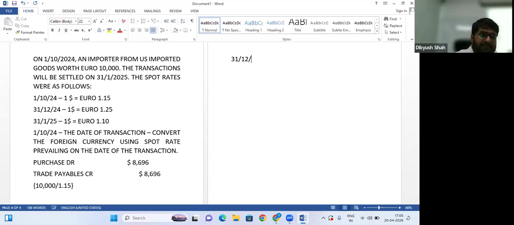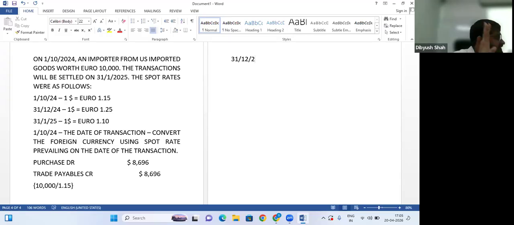On the balance sheet date, you have to make sure there is the principle of conservatism. Assets should not be overstated, liabilities should not be understated. This is a liability, a payable. Now the thing is, this is what we call in market language MTM, mark to market.